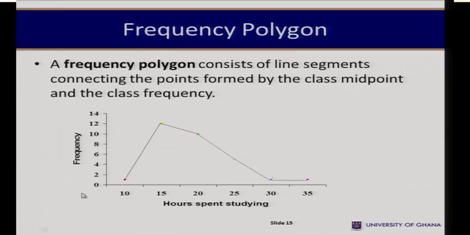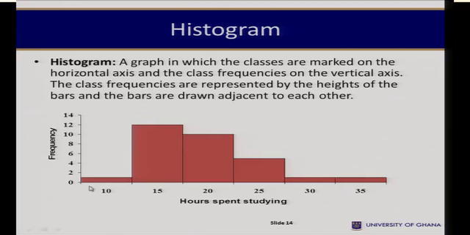But the class width starts from 8 to somewhere 12. What we've actually indicated is the boundaries. So this is the upper boundary of the first class, which is about 12.5, and this is the lower boundary of the first class, and it will be 7.5.